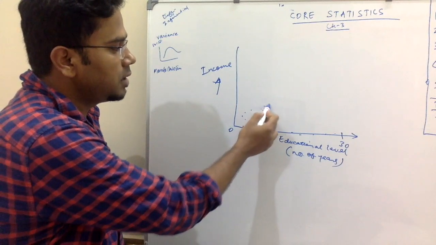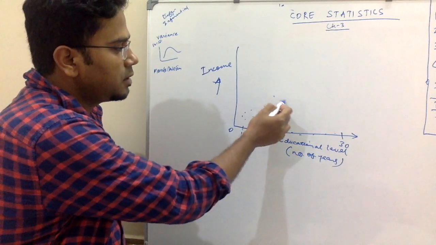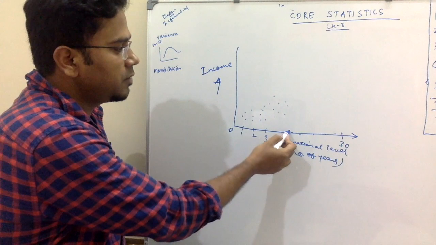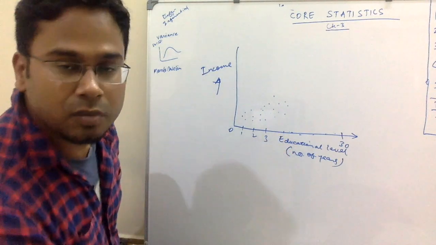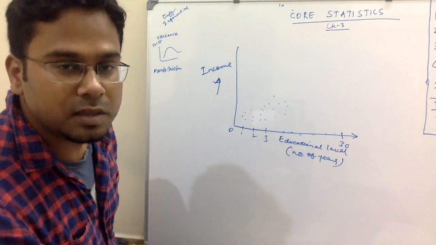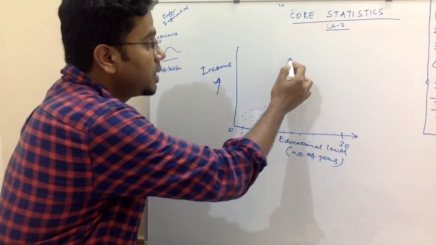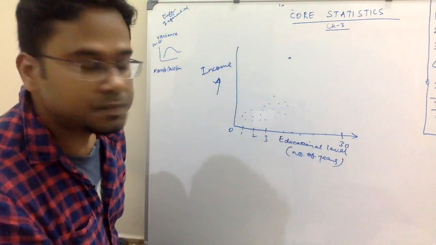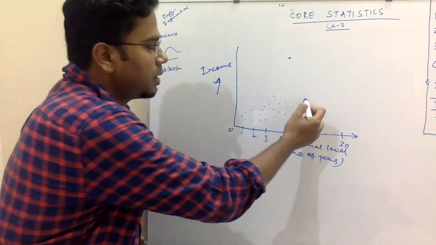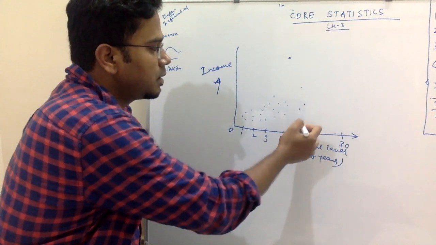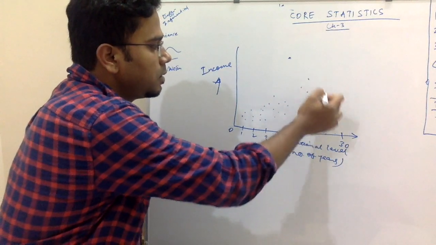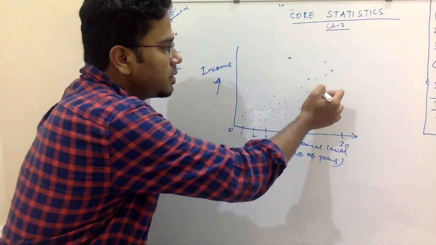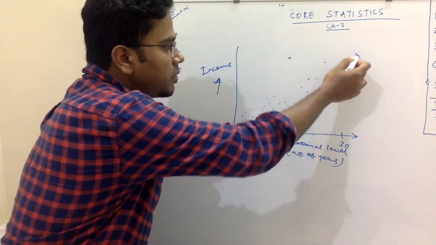So you will see that in general, it might be that someone with 6 years of education only, that means he has studied only up to class 6, and then would be earning here. Okay, very high. But in general, here it will be low. But with higher education, income will start to increase.